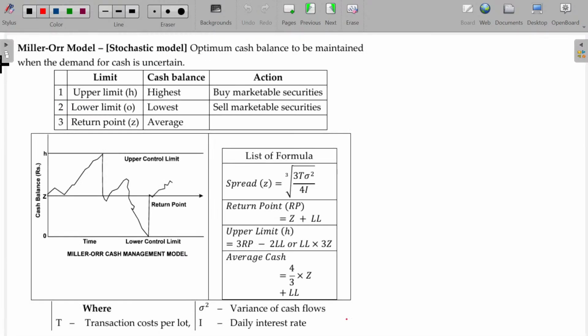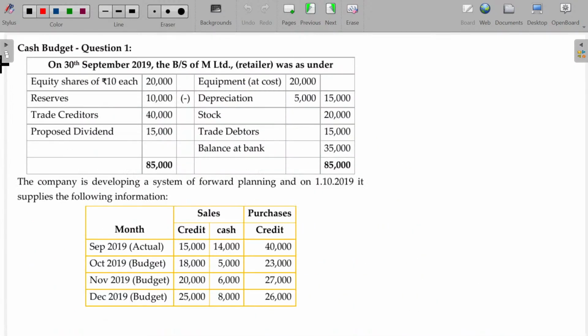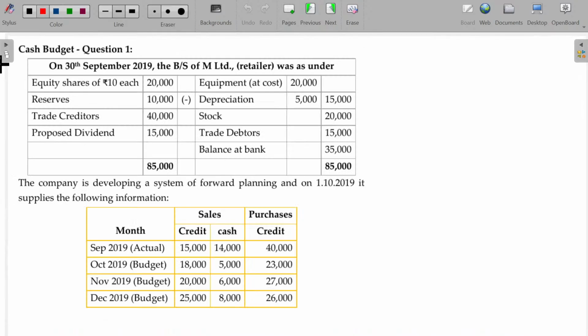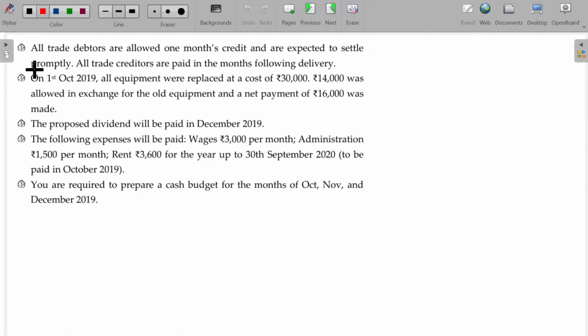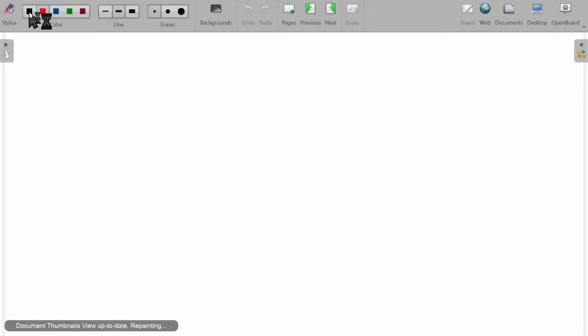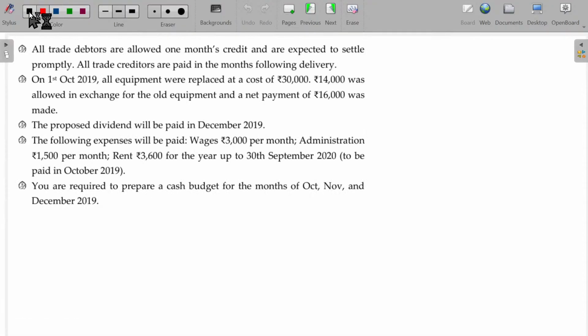Now, in cash budget, you have to prepare the receipts and payments. You are required to prepare a cash budget for the months of October, November, December. So for 3 months, you have to prepare the cash budget.